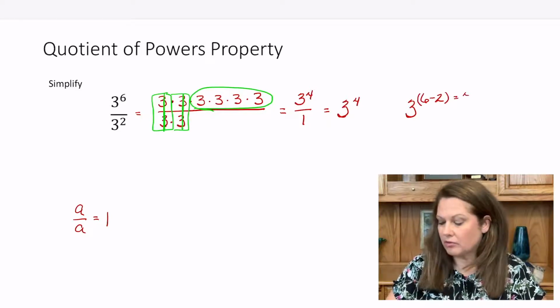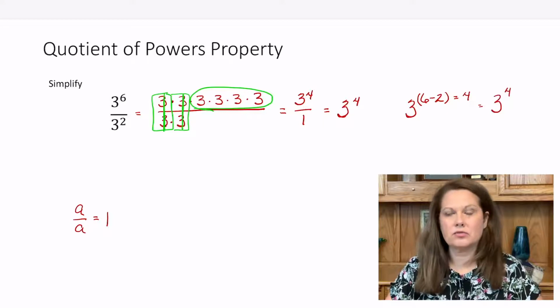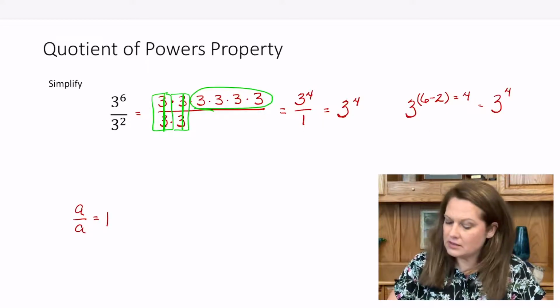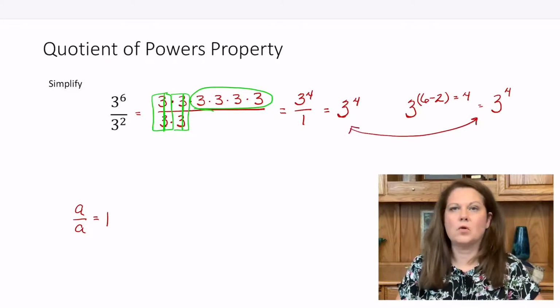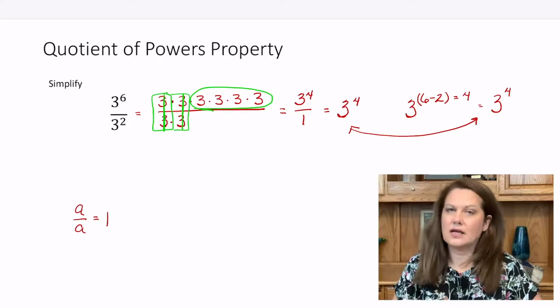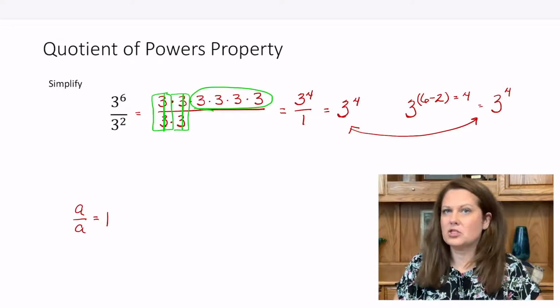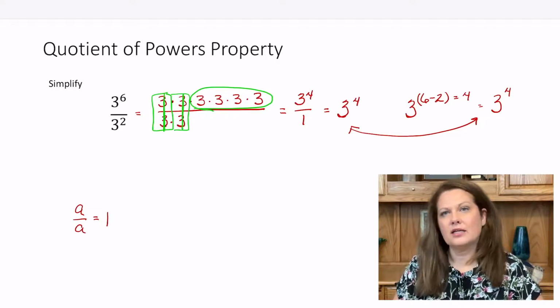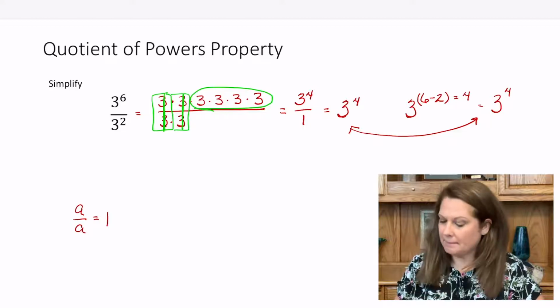We're going to end up with 4. Keep our base of 3, use our exponent of 4. Our answer is 3 to the fourth. Notice that this is the same as if we did it in expanded form and canceled. That's a quick shortcut, especially when you get good at it. It will save you a lot of time.